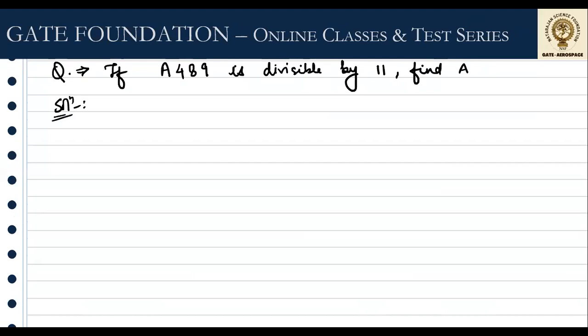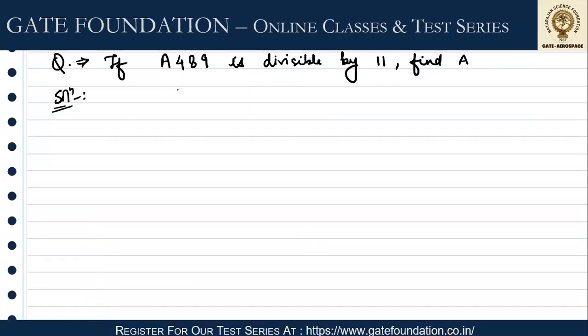Very good. That's correct. So what we have is we'll take the number at even and odd places. So A plus 8 minus 4 plus 9. It should be either 0 or divisible by 11. Right. Or basically what I have is A plus 8 minus 13, or A minus 5. This number either should be divisible by 11 or it should be 0.